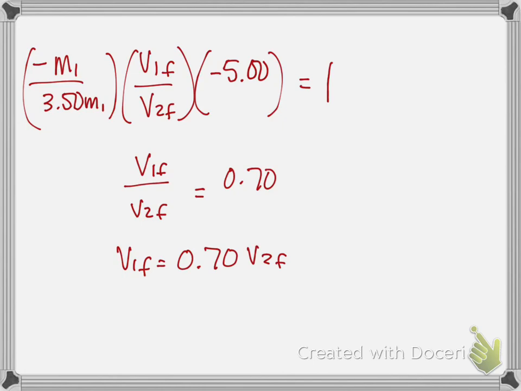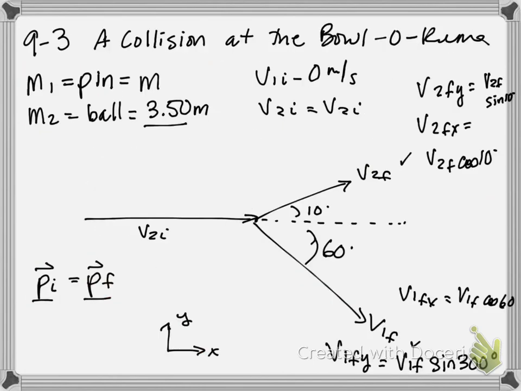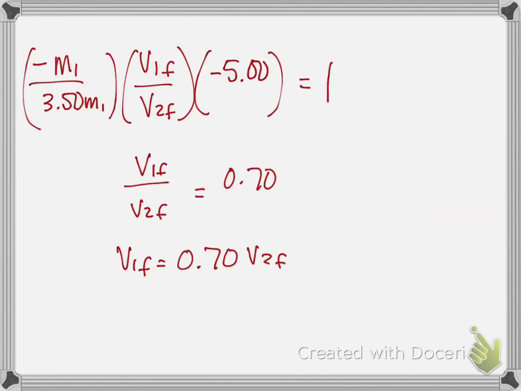Which one's V1F? M1 is the pin. I always forget that by the end of the problem. So the velocity of the pin is 70% times the velocity of the ball. Let me write this: the final velocity of the pin is 70% of the velocity of the ball.